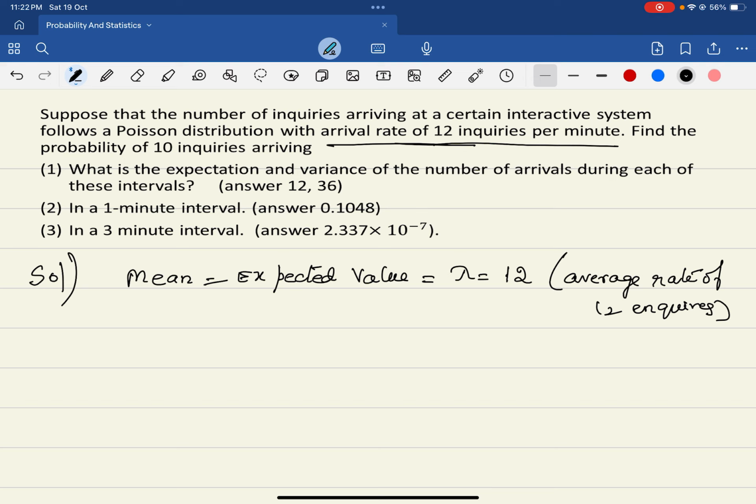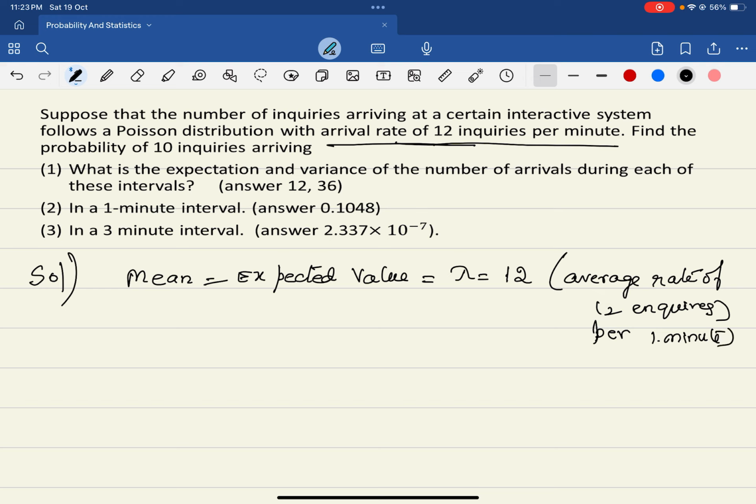Now lambda equal to 12. What he said is the arrival of 12 inquiries per minute. So find the probability of 10 inquiries arriving. What is the expectation in a 1 minute interval and in a 3 minute interval also? So the mean for a 1 minute interval is 12 per 1 minute.